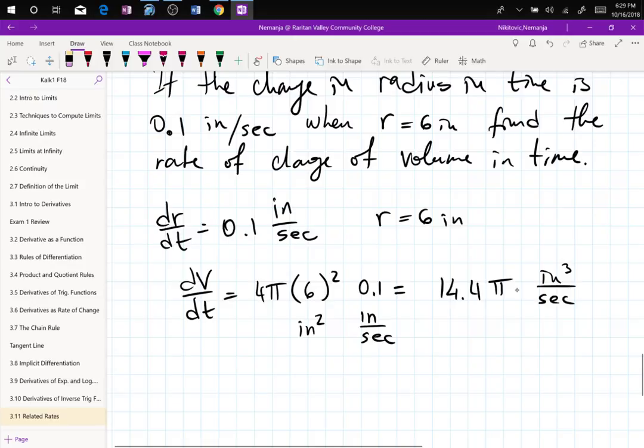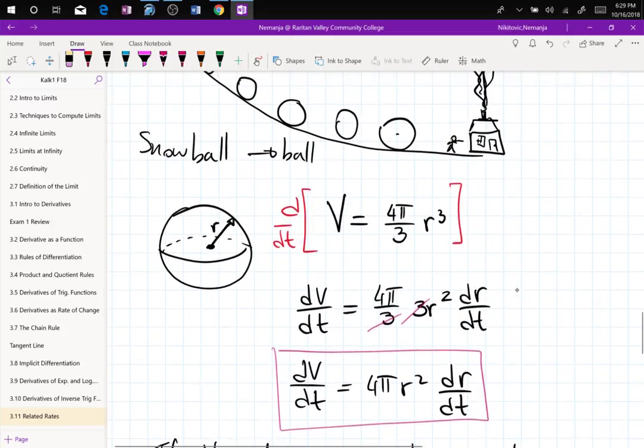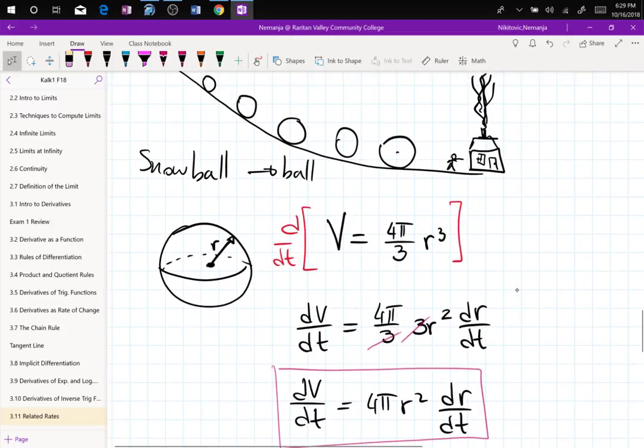Now, this was just an example of plugging in numbers. Your actual solution is here. This is what solves the problem. The rest is plugging numbers and shoveling arithmetic around. We have a problem of this snowball rolling down the hill, and if the snowball through time is picking up more snow, it's growing in volume.